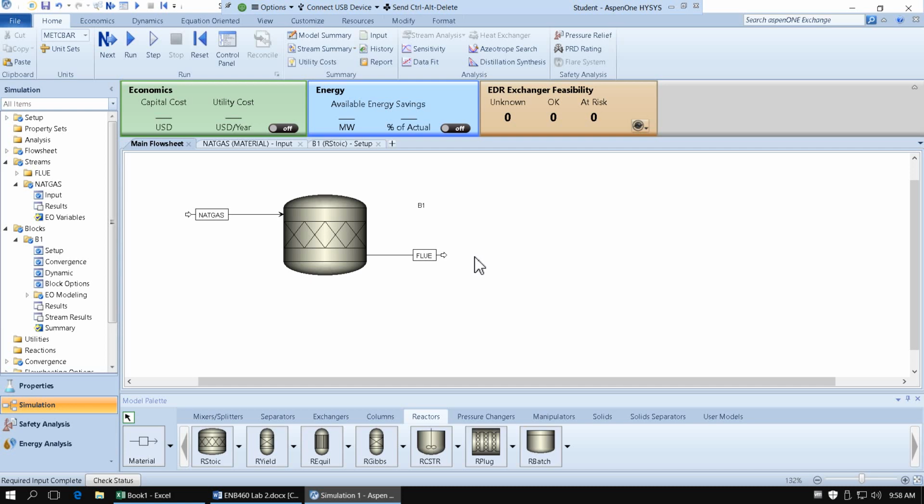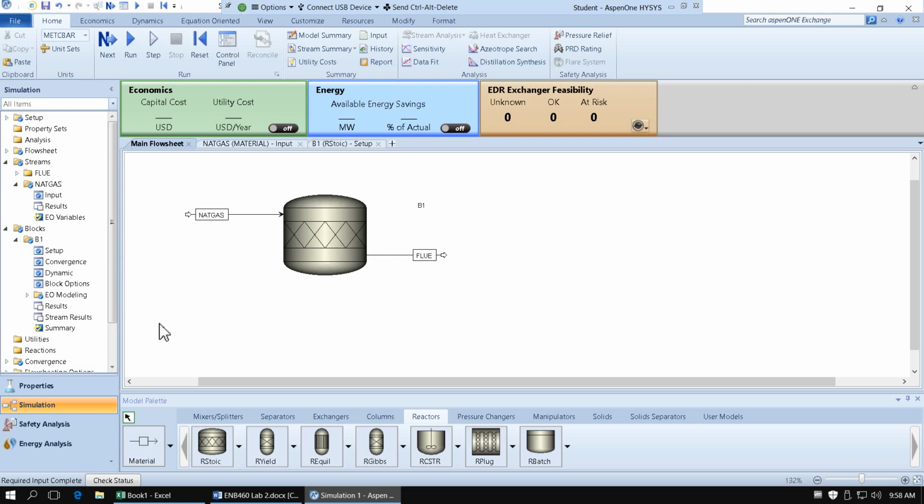But our chemical engineering knowledge, or even our chemistry knowledge, tells us that our reactions are with the natural gas components and oxygen. But our natural gas stream doesn't have oxygen, so Aspen probably will have a hard time calculating the products of these combustion reactions to the flue component.